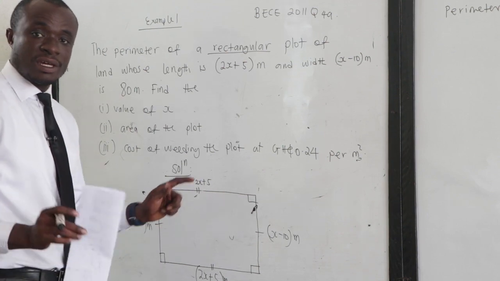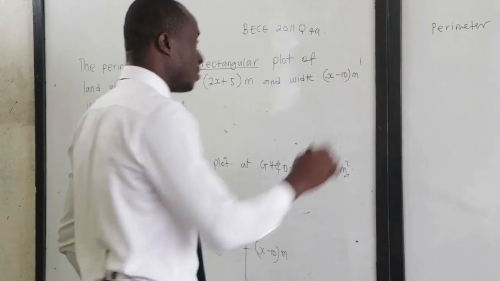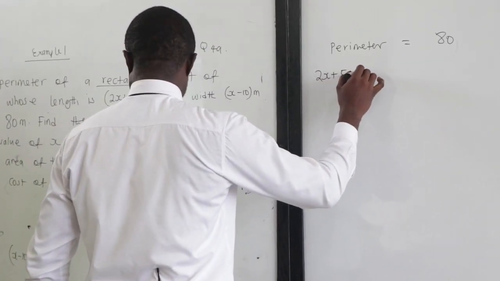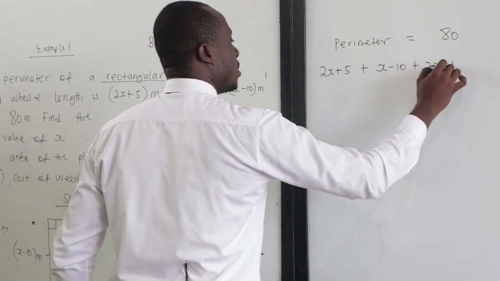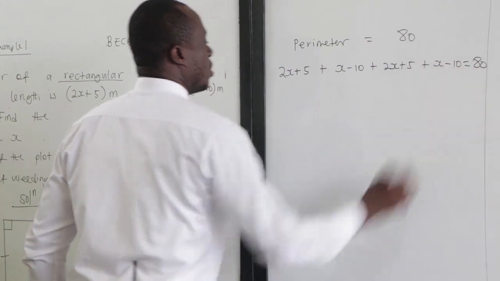We've been given the perimeter, so we add all the sides and then we equate to 80. So 2x plus 5, plus x minus 10, plus 2x plus 5, plus x minus 10 equals 80.